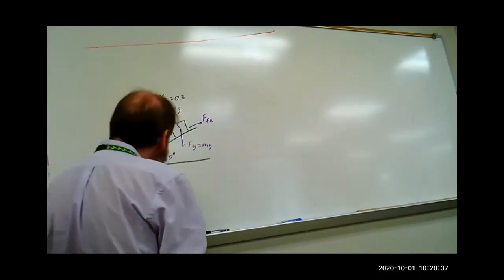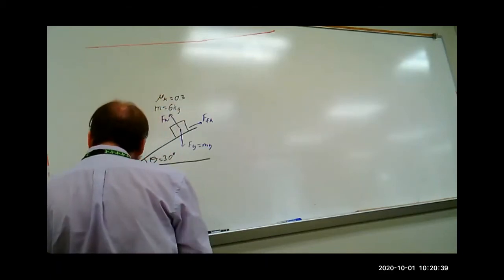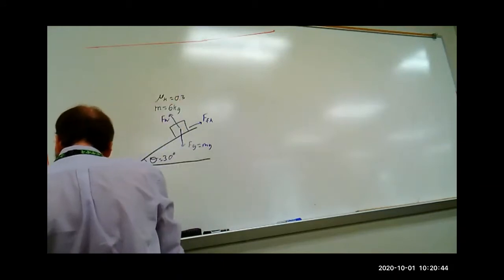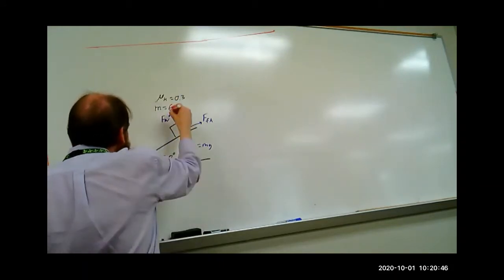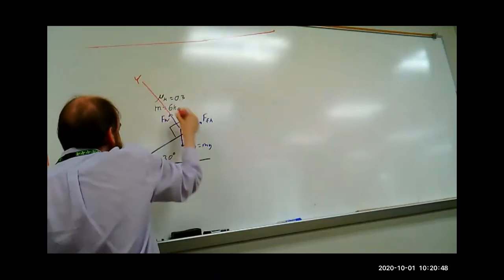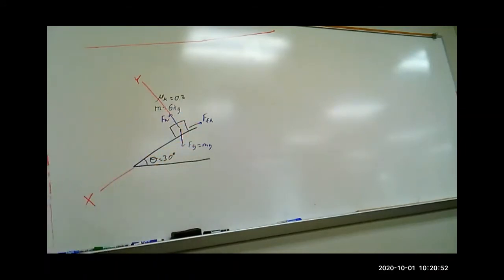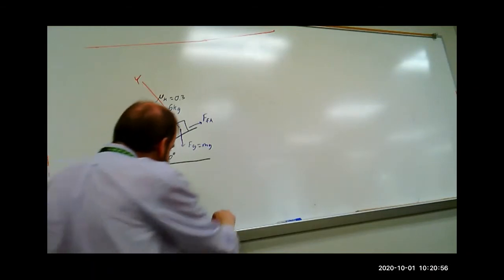So we want to put all these forces on our free body diagram. This direction will be the y direction, and this direction will be the x direction. We've tilted the axes. So let's draw that.